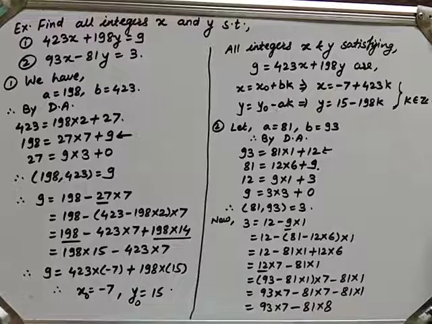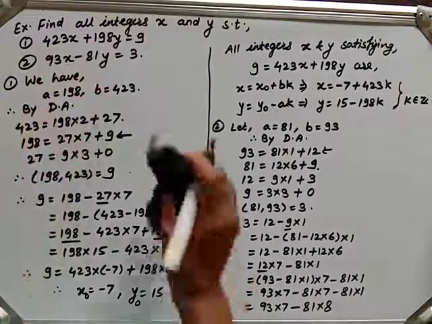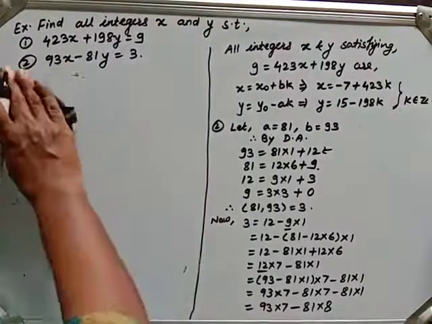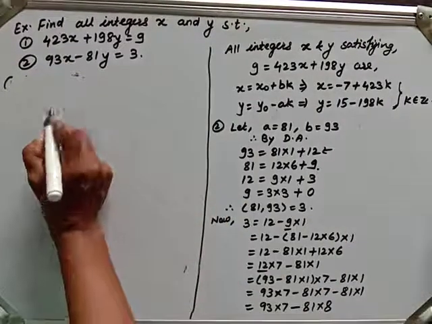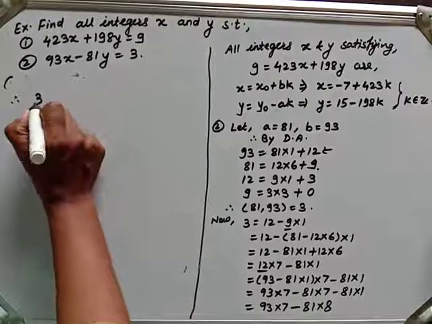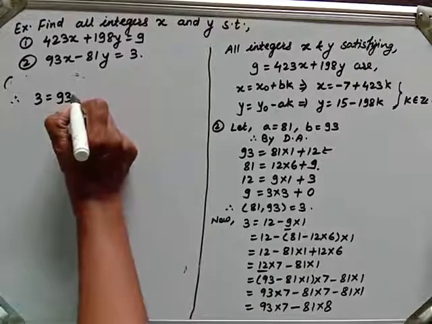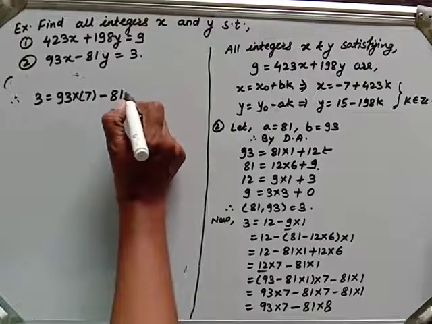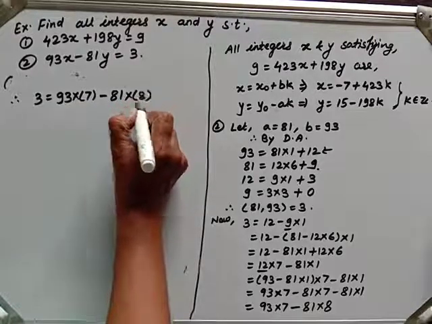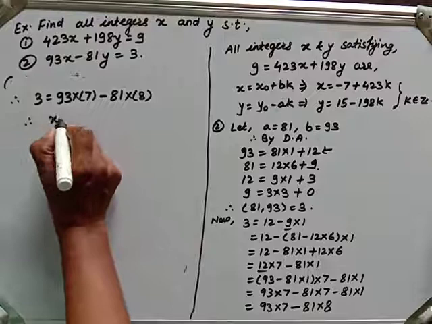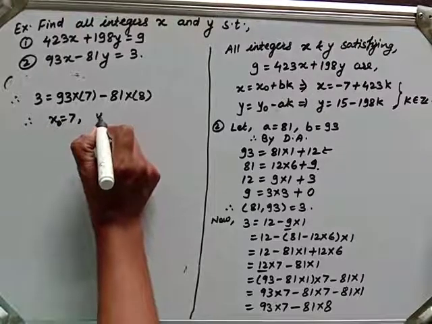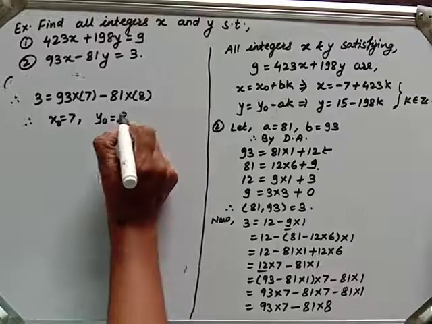So by comparing with this equation we get x equal to 7. Therefore 3 equal to 93 multiplied by 7 minus 81 multiplied by 8. So x is equal to 7, it is actually x naught, and y naught is equal to 8.